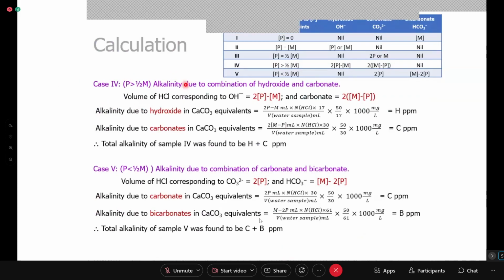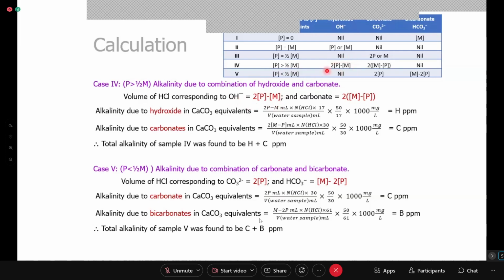Then a combination of hydroxide and carbonate. Here the P and M endpoints relationship is P greater than half M, right? Wherever P is greater than half M, what is the volume of HCl corresponding to hydroxide alkalinity?